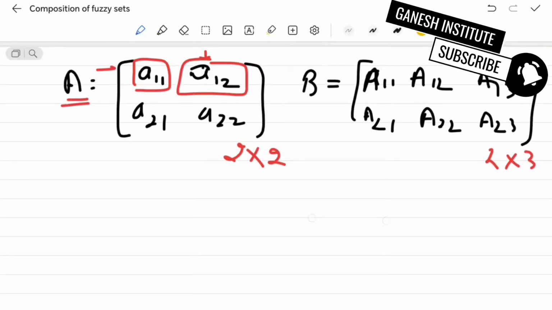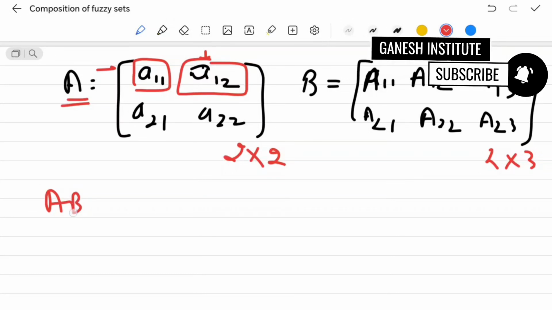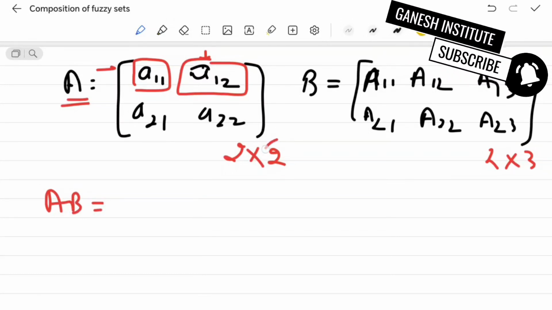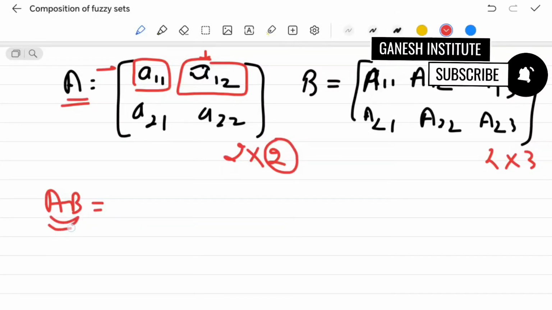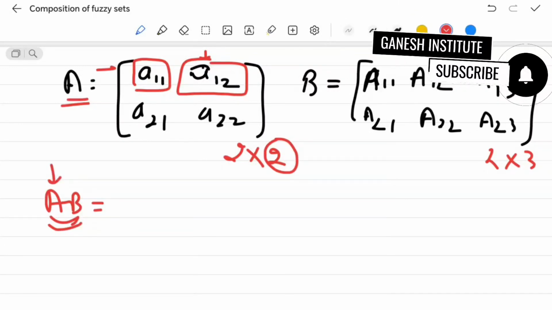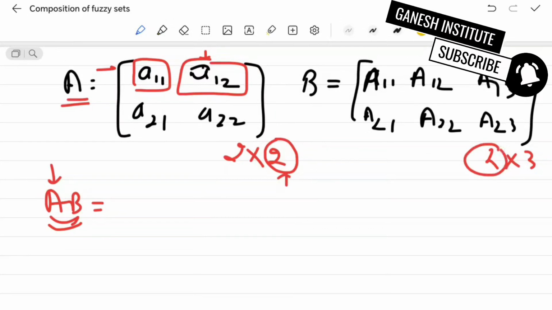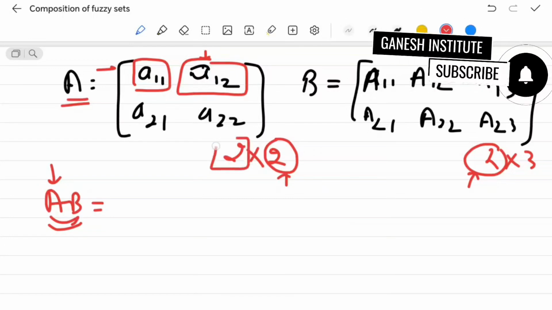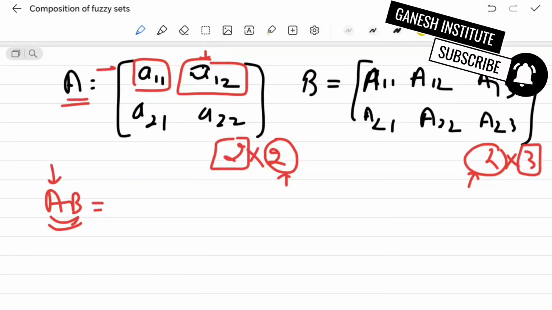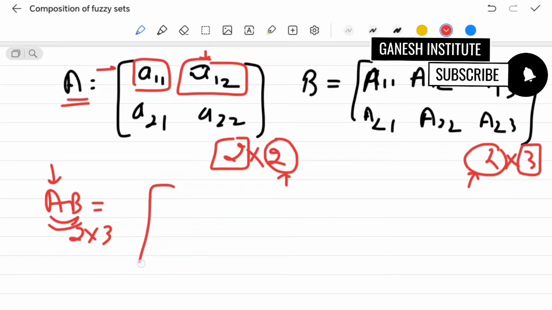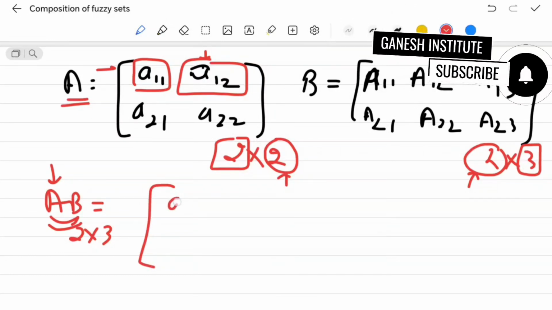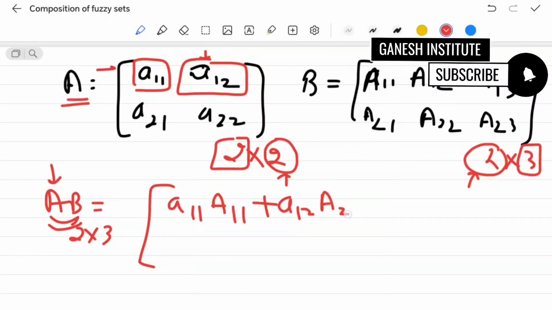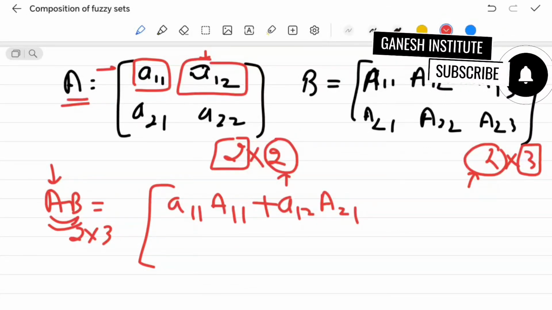Now, when it comes to multiplication, if I ask you to multiply AB, multiplication is only possible if the columns of the first matrix equal the rows of the second matrix. Then the resultant matrix will have order 2 by 3, right? The first element, first row, first column, will be A11B11 plus A12B21.